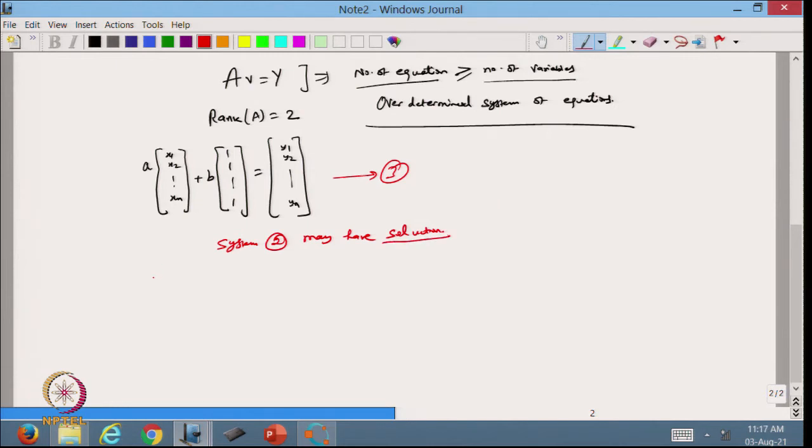Now, if the vector y1, y2, yn, this is the right-hand side vector, I just take the transpose here.